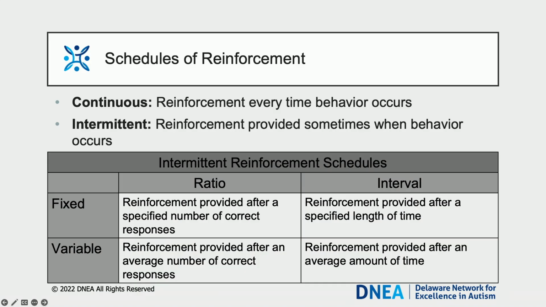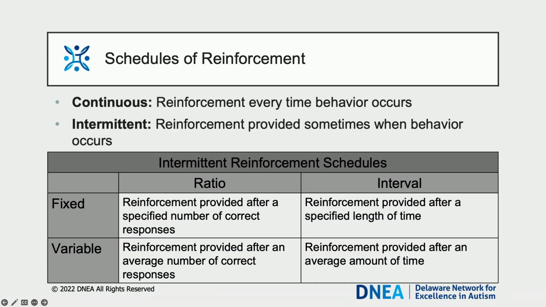During this phase, continuous reinforcement is key. Once a behavior is learned and we are working on increasing fluency or maintaining that behavior, we move on to intermittent reinforcement. There are different types of intermittent reinforcement: fixed or variable, and time-based or interval-based.